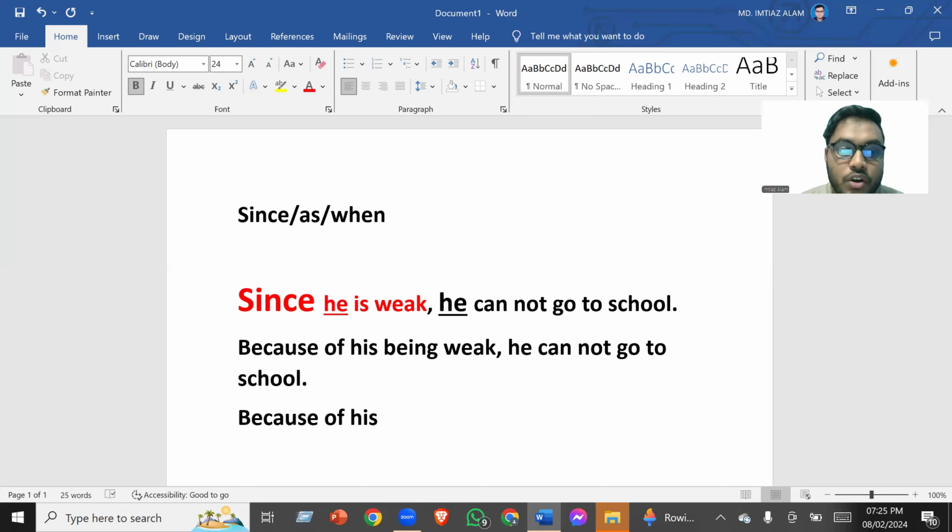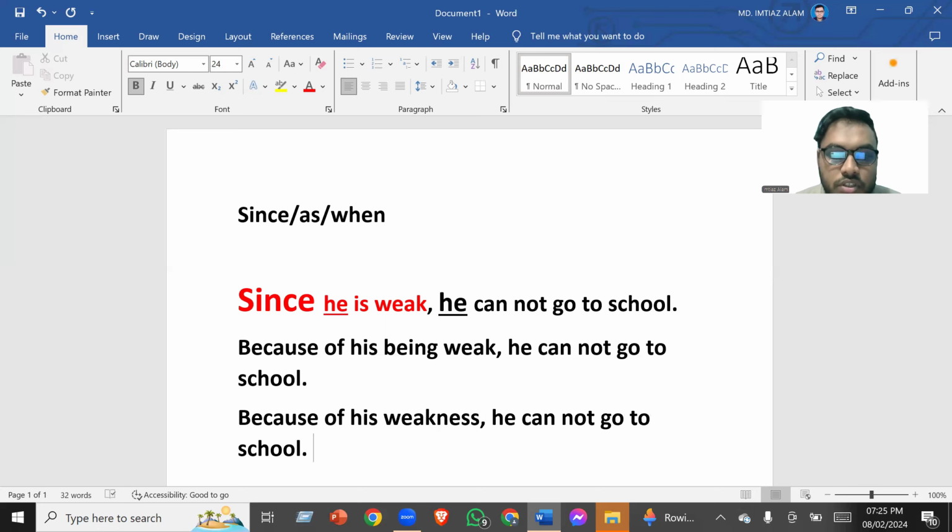So because of his, now we don't want to write "is," rather we will go directly to the adjective and make that adjective a noun. So the answer will be weakness. Now "weak," the adjective, has been converted to a noun, "weakness," and the rest of the answer will remain the same. He cannot go to school. So this is the answer.